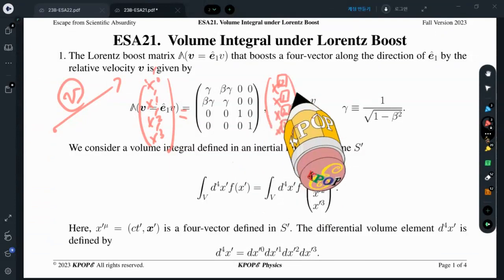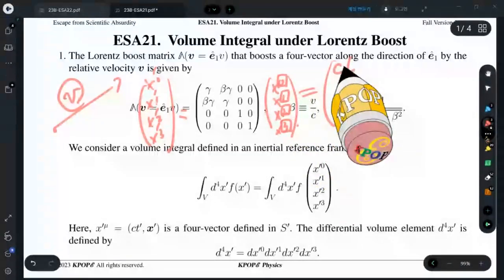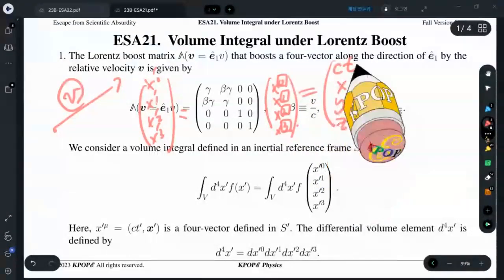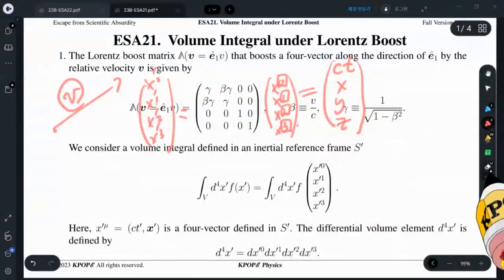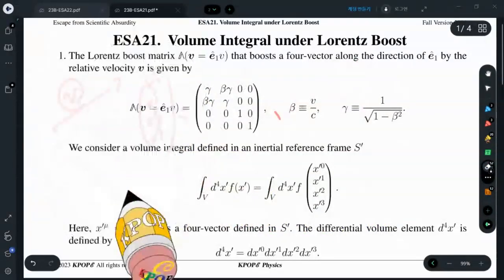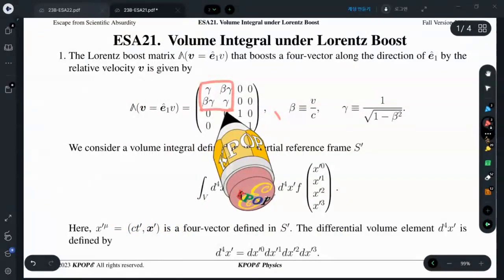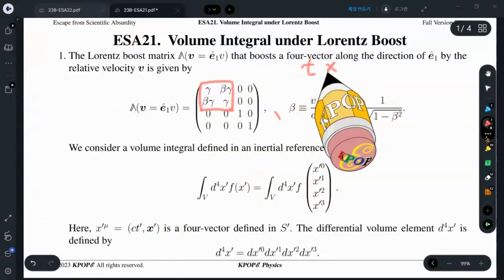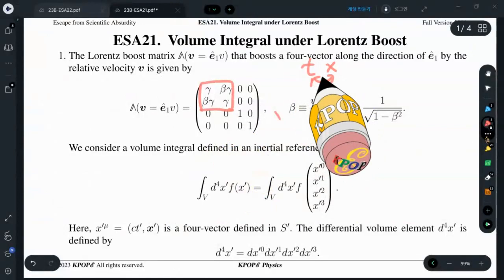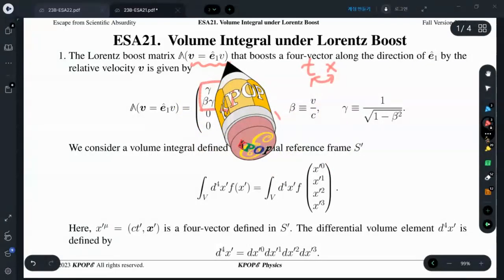Okay, that is identical to the ct, x, y, z in usual expression. If you look at the matrix, only the time and x coordinate communicate with each other because the boost is along the x-axis.